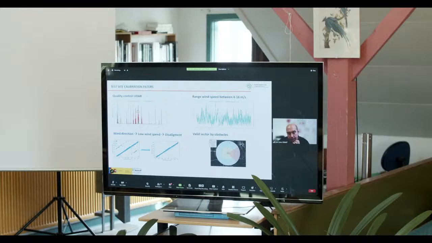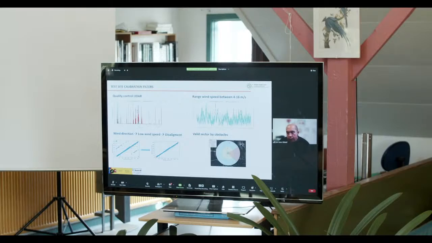Also, the procedure that the LIDAR uses to measure sometimes produces a misalignment with low wind speed regimes that we have to filter also.